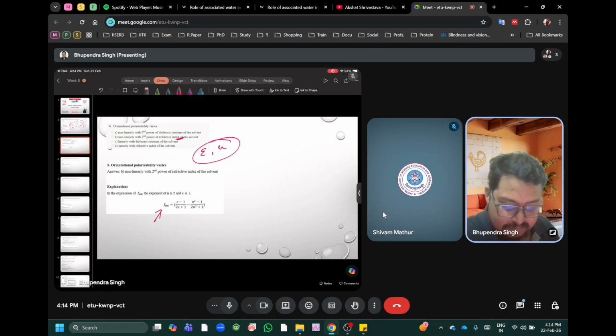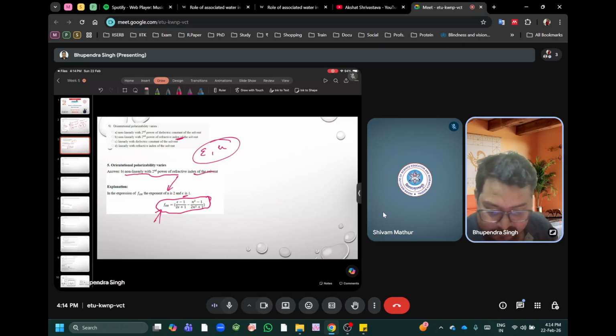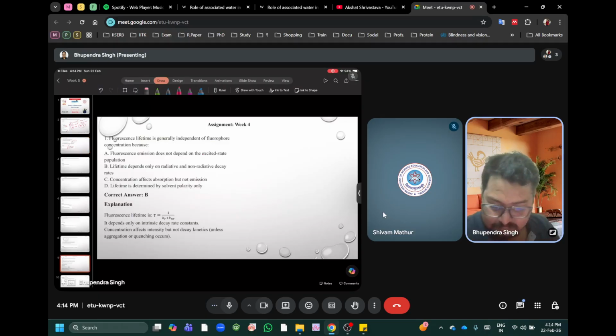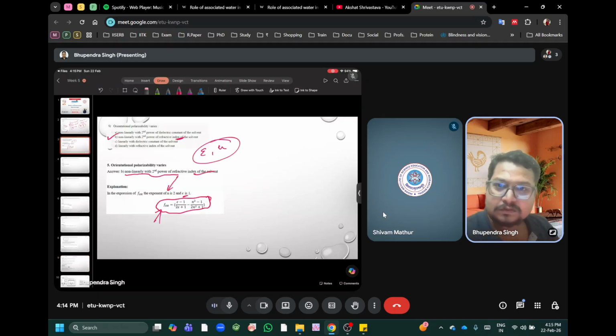This is the expression for the orientational polarizability. In it, the exponent of n is 2 and of epsilon is 1. So you can simply say non-linearly with the second power of the refractive index of the solvent, because n is the refractive index. So the answer is B.